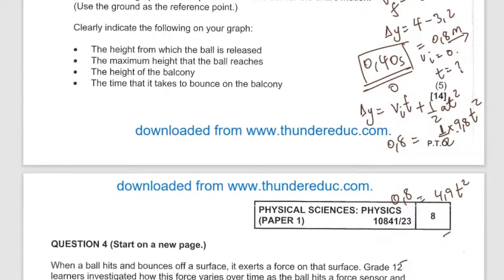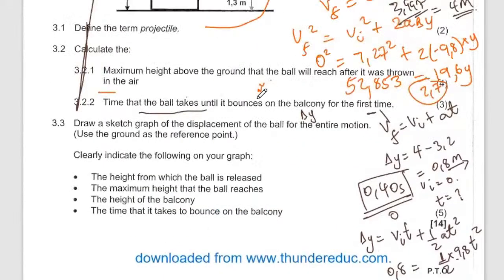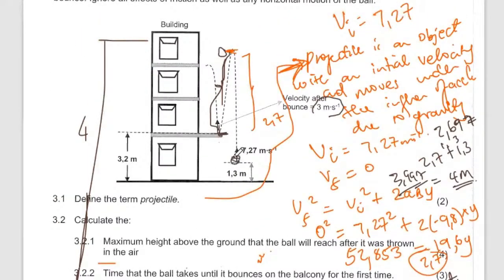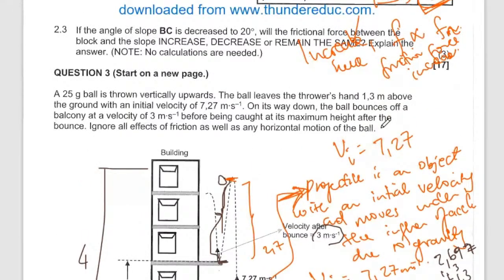Let's see. We need the time from the point of projection to the maximum. We can use V final is equal to the initial plus a t. So this final is 0, the initial is 1.3, now minus 9.8 t.